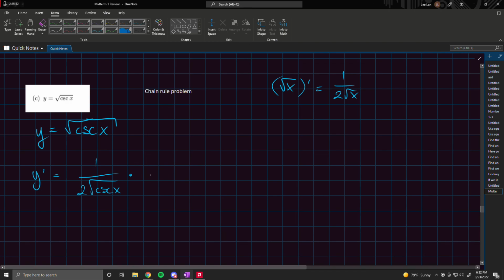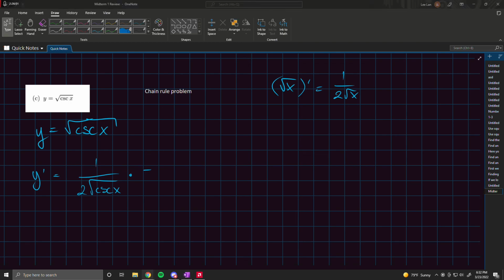And then the derivative of cosecant is going to be negative. What is the derivative of cosecant? Oh, I would have gotten that one wrong.